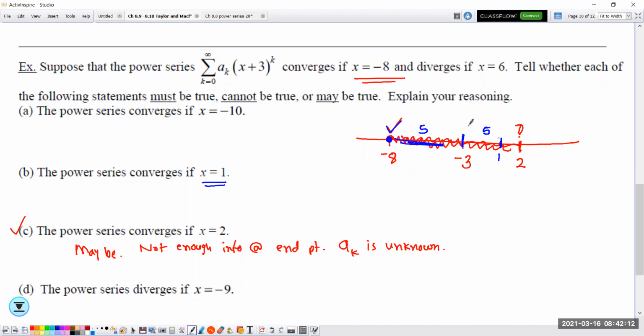Based on the symmetry, if 5 points on this side, 5 on the other side, we end up at 2. 1 is within the boundary, so it must be. If you check my notes, I have written that it is within the possible interval of convergence.